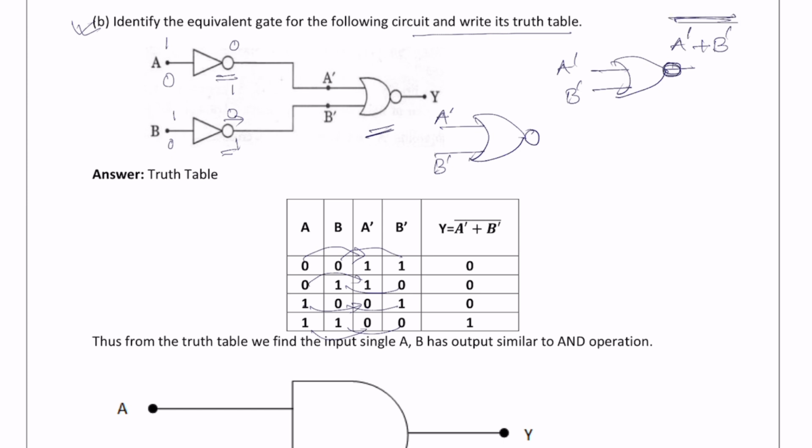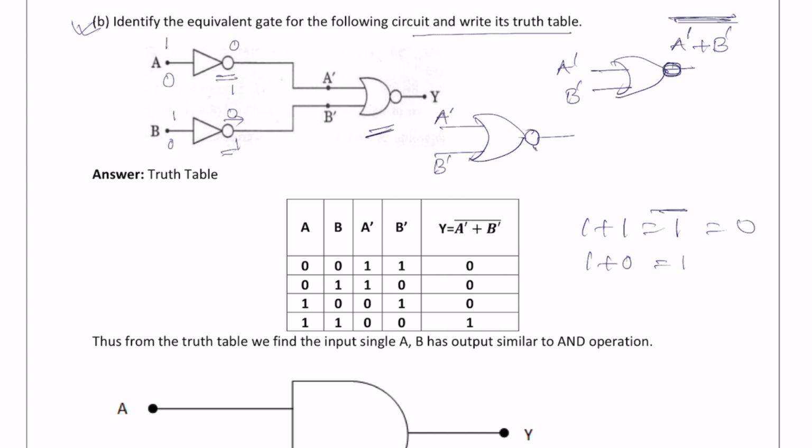Reverse it. Correct? So now in our truth table, we have A dash plus B dash. For this A dash plus B dash, 1 plus 1 is how much? It is 1. But because of this NOT, it becomes 0. Similarly, 1 plus 0. 1 plus 0 means what? 1.